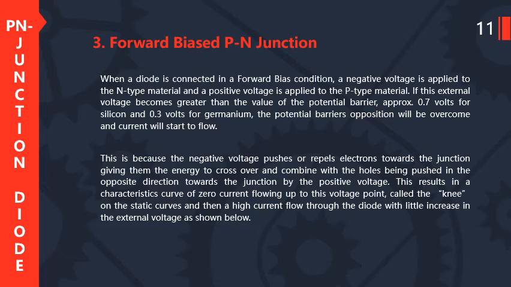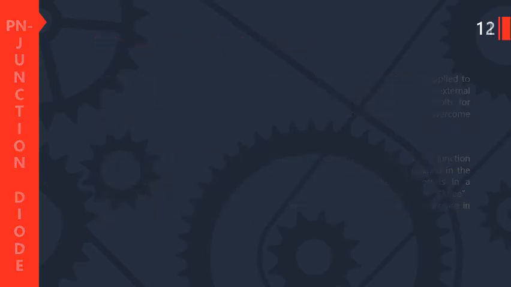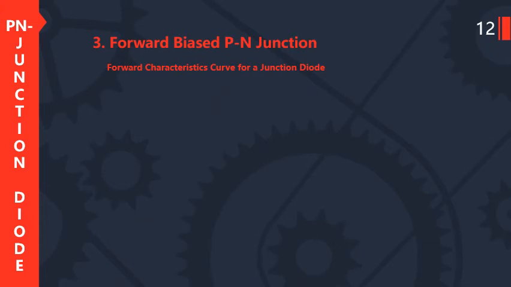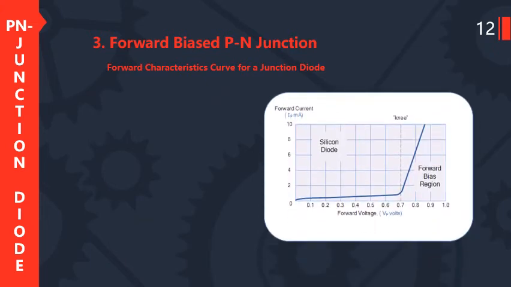The result in a characteristics curve is zero current flowing up to this voltage point called the knee on the static curve, and then a high current flows through the diode with little increase in the external voltage as shown below. Forward characteristics curve for the PN junction diode. So this is the curve for forward bias PN junction diode.